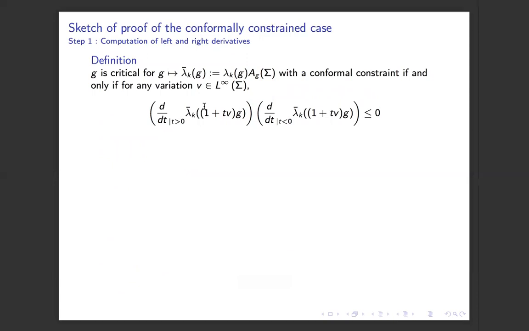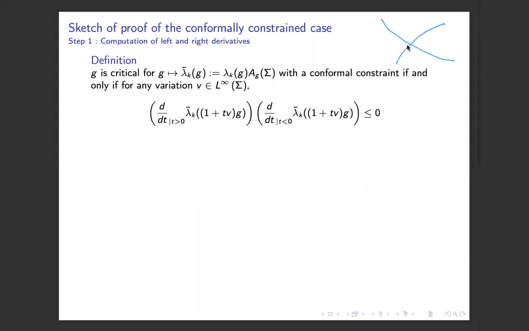Notice that the eigenvalues are not smooth, because we denote the eigenvalues as a sequence counted with multiplicity. So when we have multiplicity, the branch of the first eigenvalue, for instance, is this one, and the second eigenvalue is this one. So you have a corner here, and it is not a smooth map with respect to the metric.